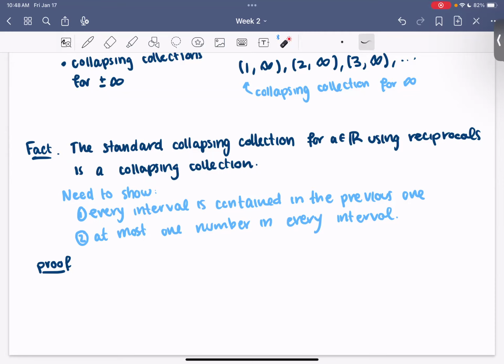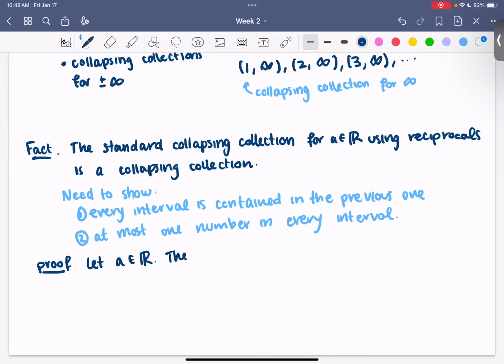Okay, so let A be a real number. Then what is the standard collapsing collection for A?